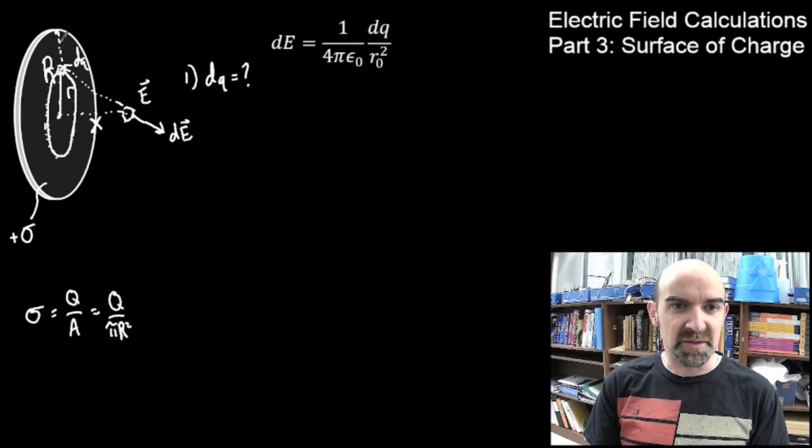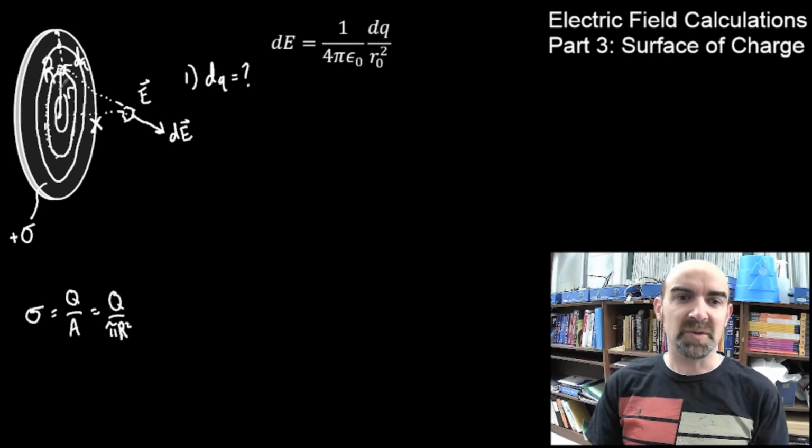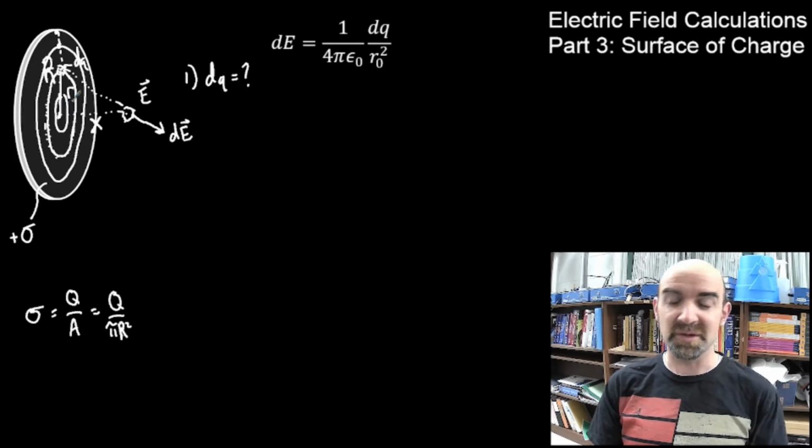Now, we could look at a dq up here, which would similarly have the same electric field strength as any of these points around. So you see there are rings and rings around the center of this disk where the electric field intensity is the same from a little piece dq of any point on those rings.